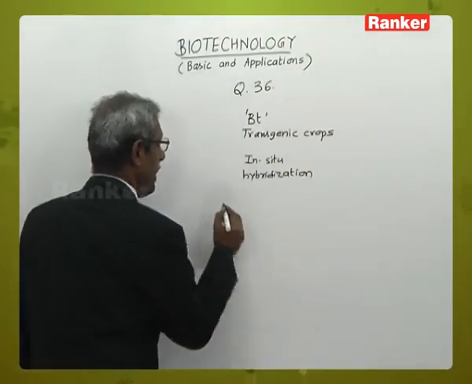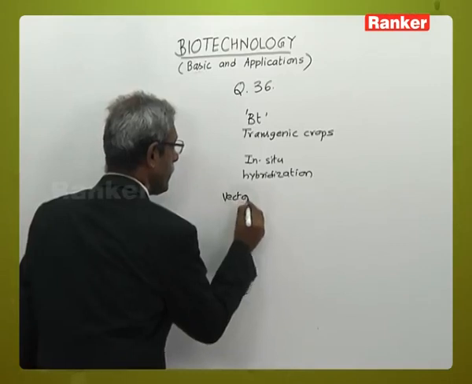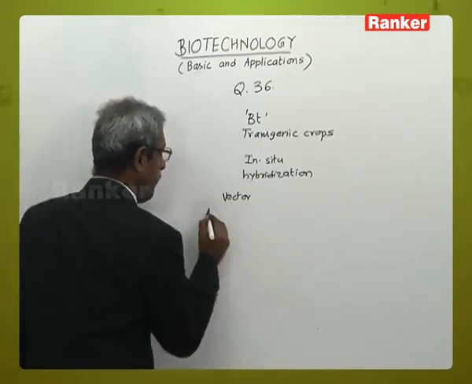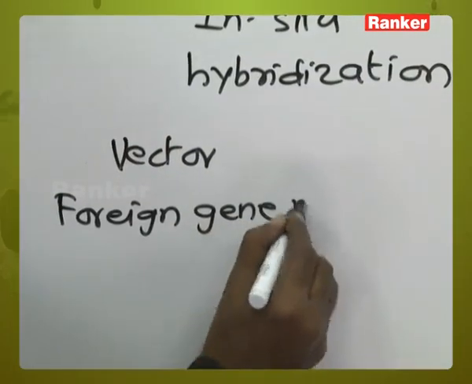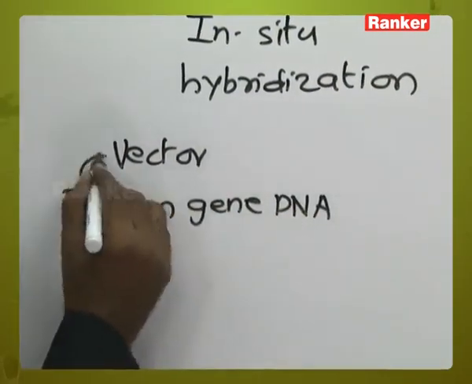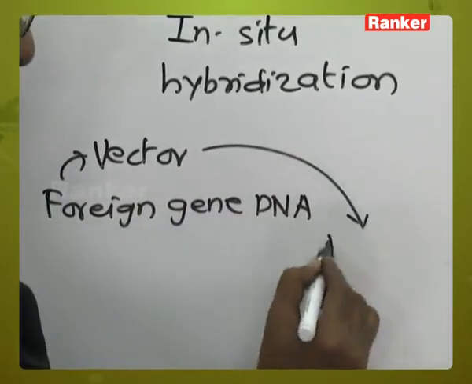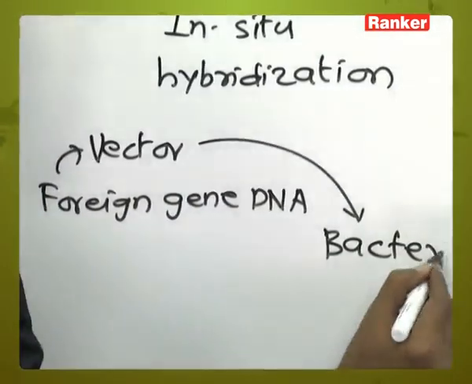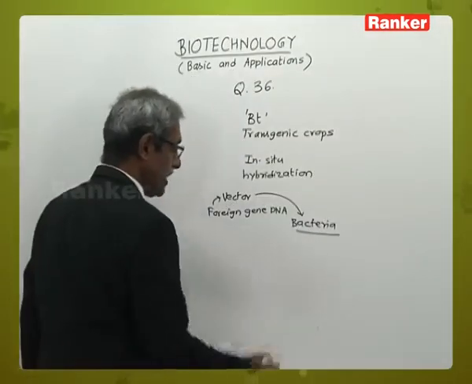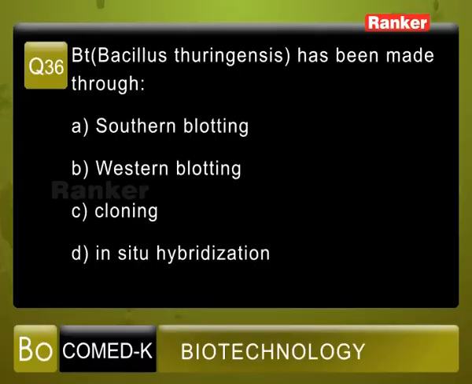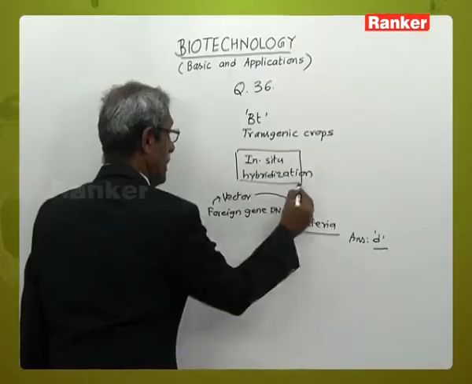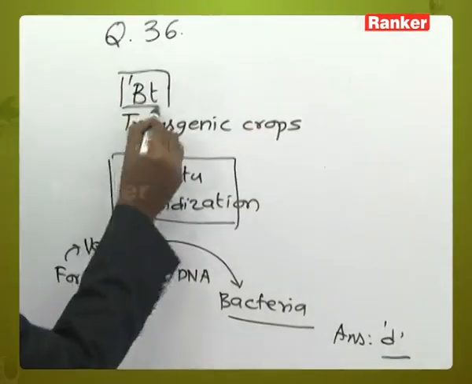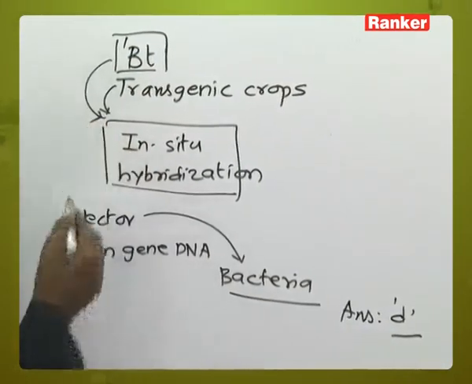That is, we have a vector. The vector carries the foreign gene of interest or the foreign DNA of interest and places it into a bacteria, and it is expressed in the bacteria. Hence, the answer is D. D refers to in situ hybridization. So, in situ hybridization and transgenic crops are related.